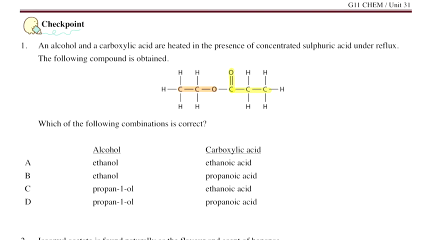So let's name the 2 parts. The alcohol part has 2 carbons in it, so it should be ethanol. And for the carboxylic part, we have 3 carbons in it, so it should be propanoic acid. So for the correct answer, we should choose B.